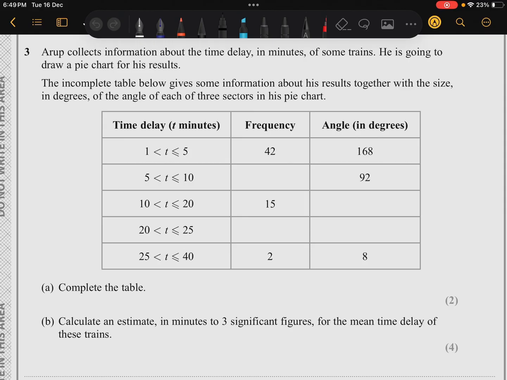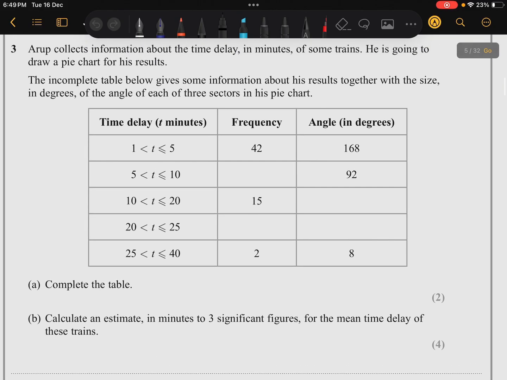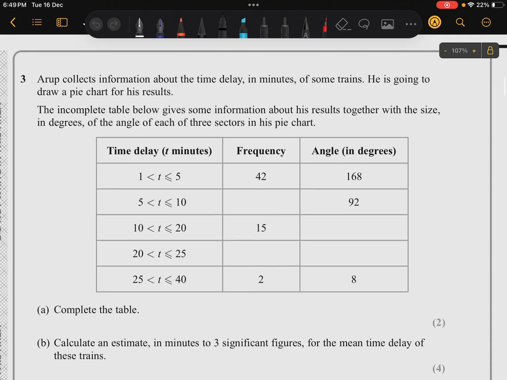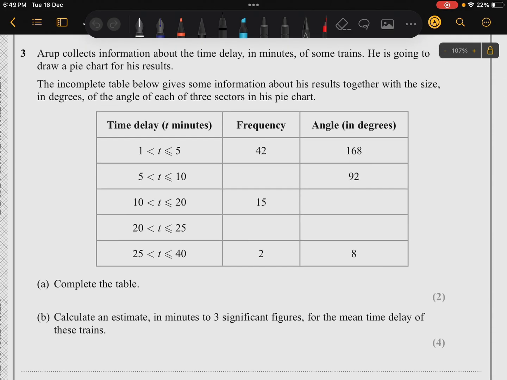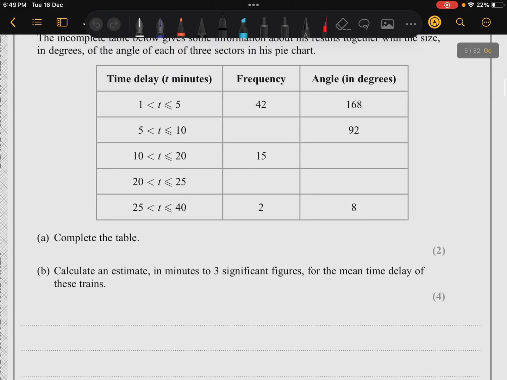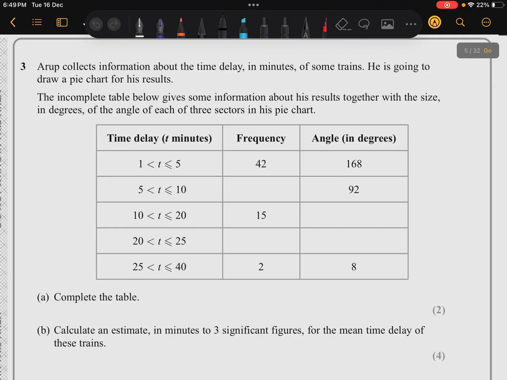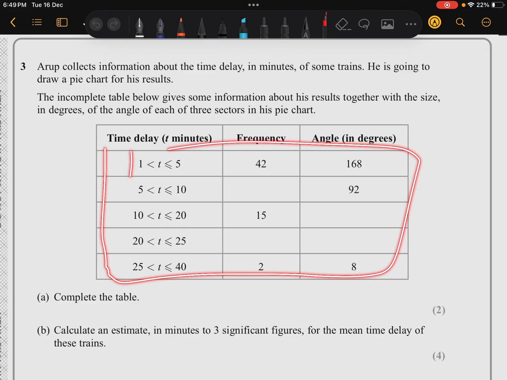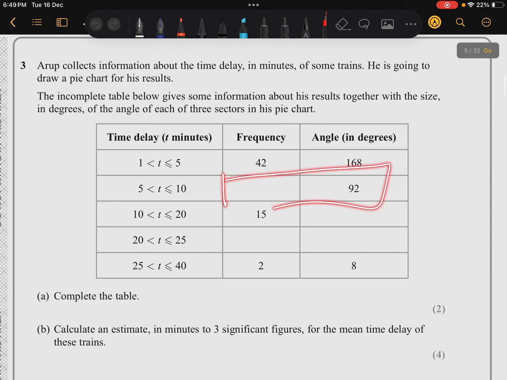As simple as that. So first of all, what we have to do in these kind of problems, we first have to find the total number of outcomes. The total number of outcomes can be calculated by only one piece of data from this table, and that is the first one. Now you may ask why? Why cannot I use this or this or this? Pretty obvious, because we have been given both the frequency and the angle in this particular class.